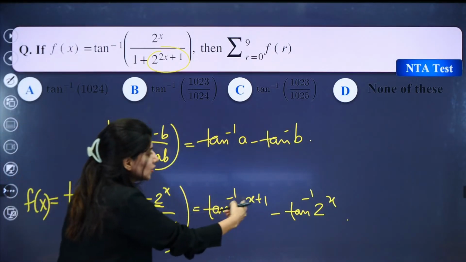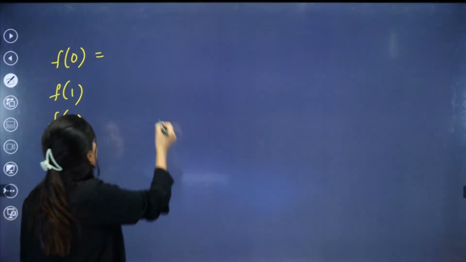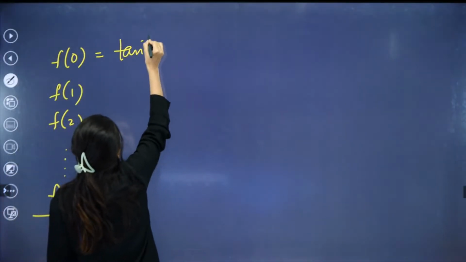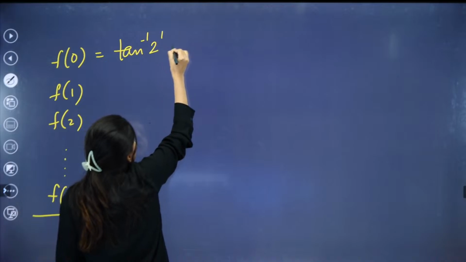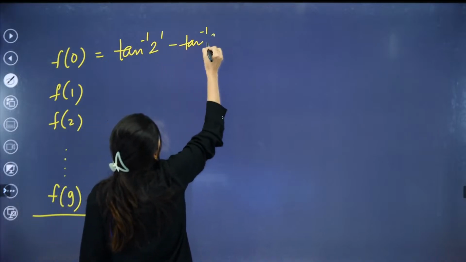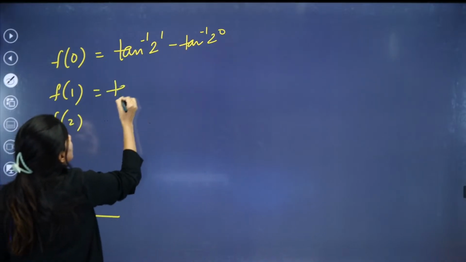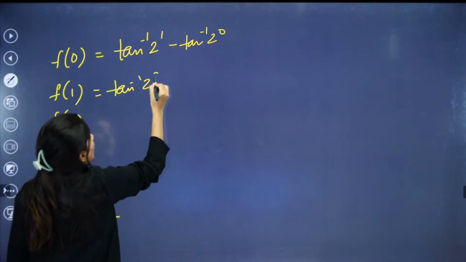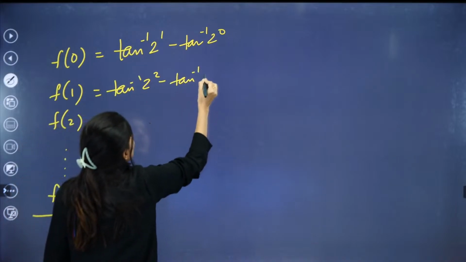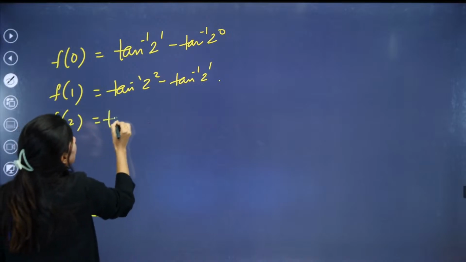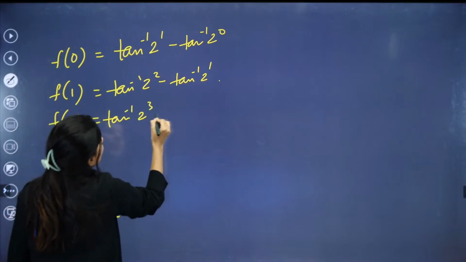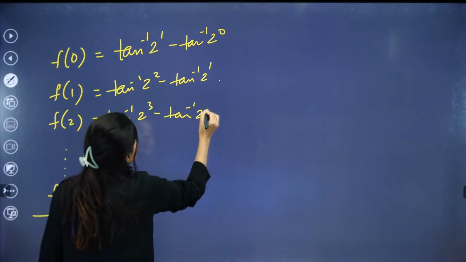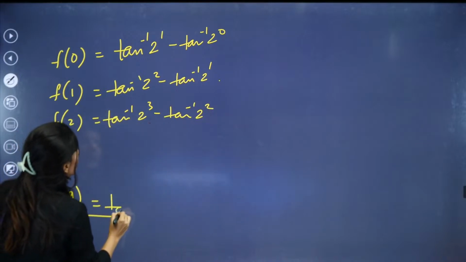Tan inverse 2 raised to power 1 minus tan inverse 2 raised to power 0. Then tan inverse 2 square minus tan inverse 2 raised to power 1. Then tan inverse 2 cube minus tan inverse 2 square.